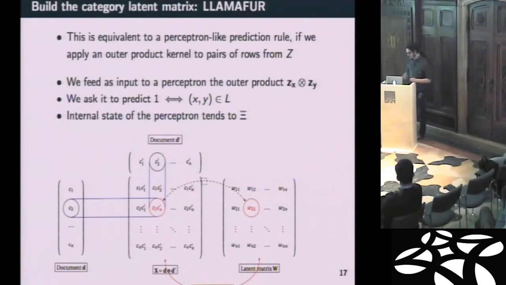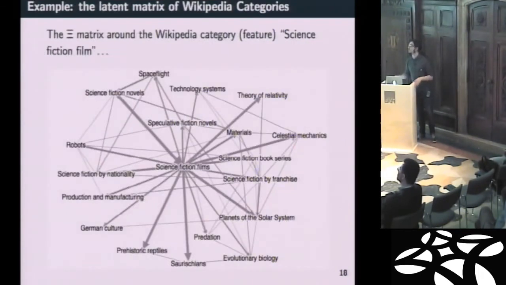We're going to look at this latent matrix that we found, assuming it is a graph. So we are looking at the latent feature graph that is behind the graph of the nodes, so that explains them. And this is a particular fragment of it around science fiction films.